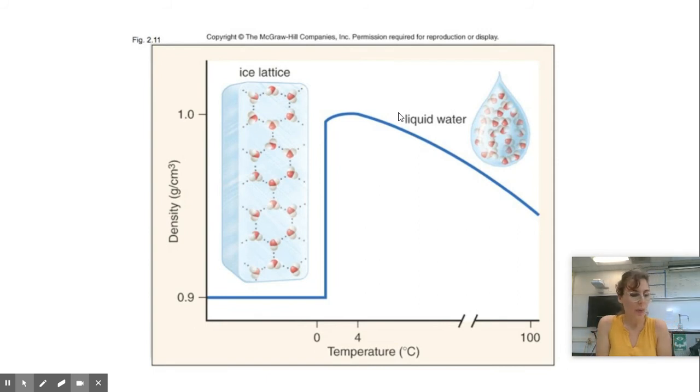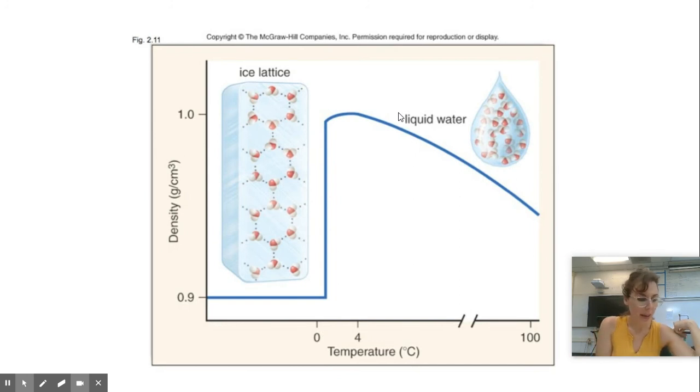If water were able to freeze rapidly and not be at a lower density when frozen, it would be really, really detrimental to organisms that live in bodies of water.